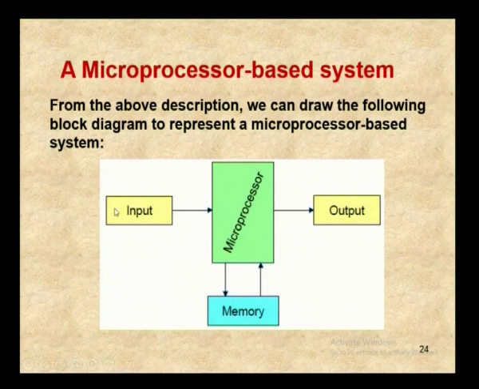It can receive the data from a keyboard or from any card reader and so on. This is the input. So, for the input device, output device and the memory you see arrows in both directions, because the microprocessor can receive the data, process it and send it to the memory.